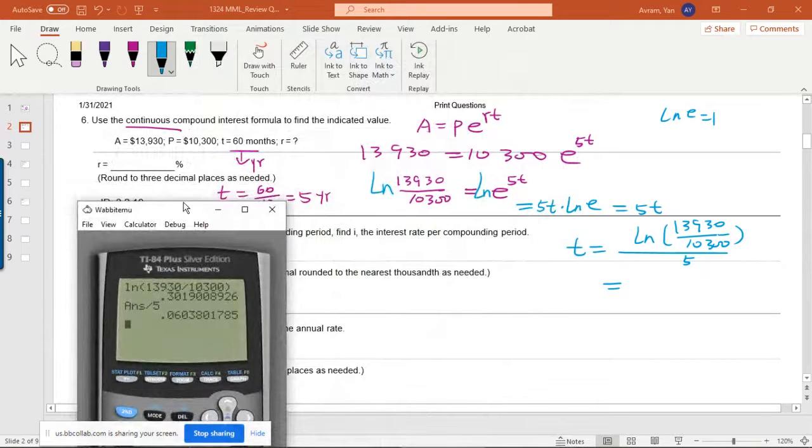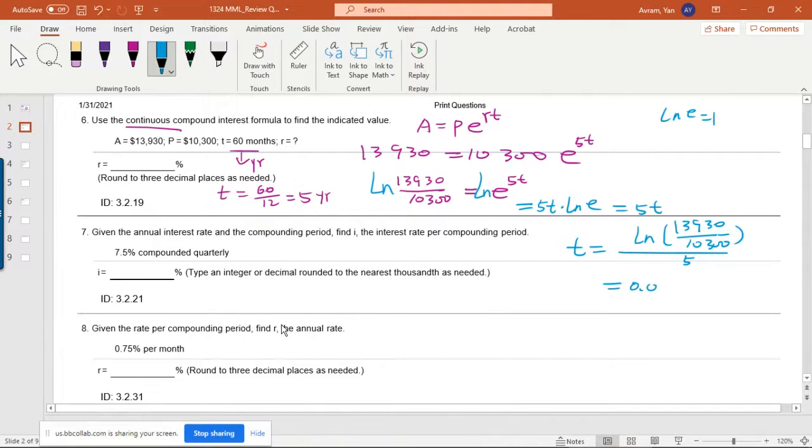Okay, so this one we are given, if I round to 2 decimal points, it's 0.06.